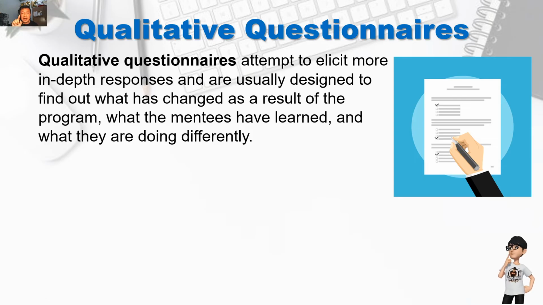Qualitative questionnaires attempt to elicit more in-depth responses. Ang responses na to, hindi sila magtitik, mag-check, o pipili sa scale. Magsusulat sila kung ano yung response nila doon sa particular na question. So, ang tawag natin dito sa klase ng question na ito is open-ended questions.